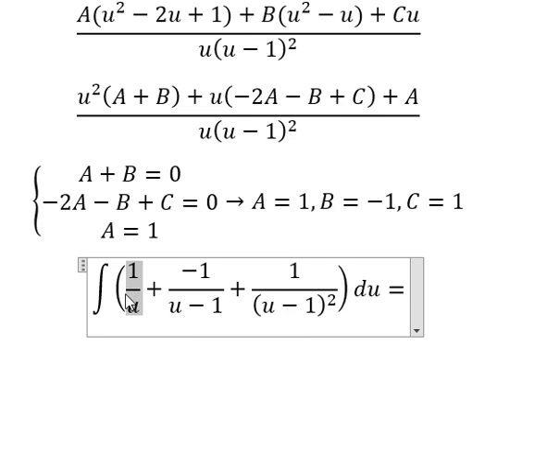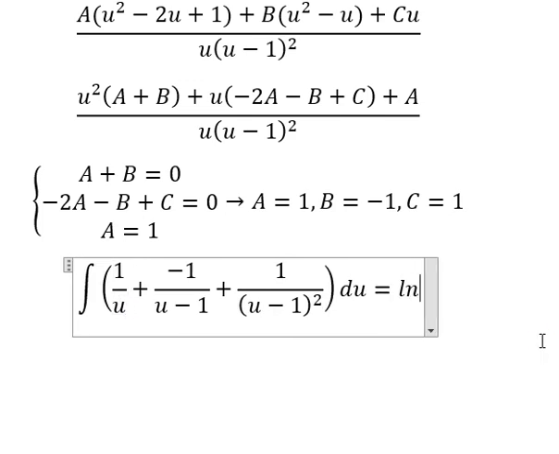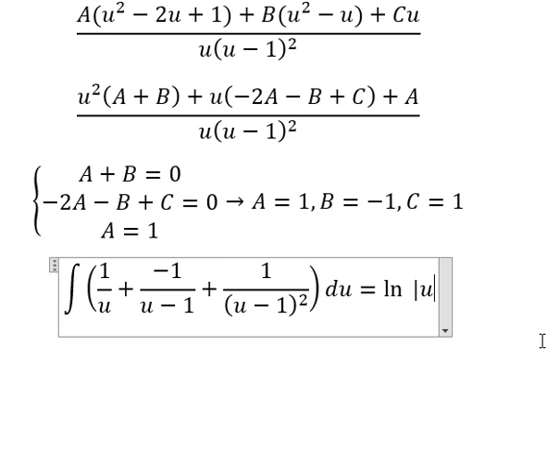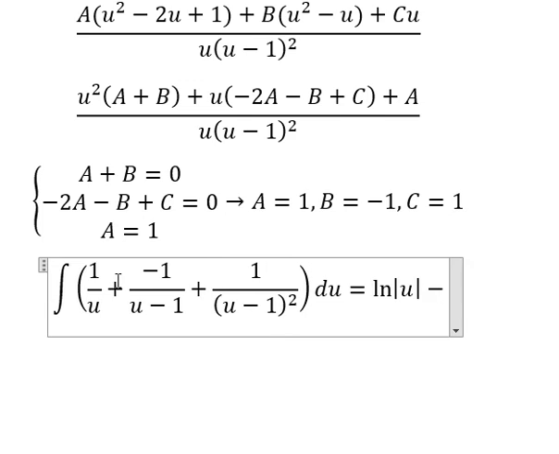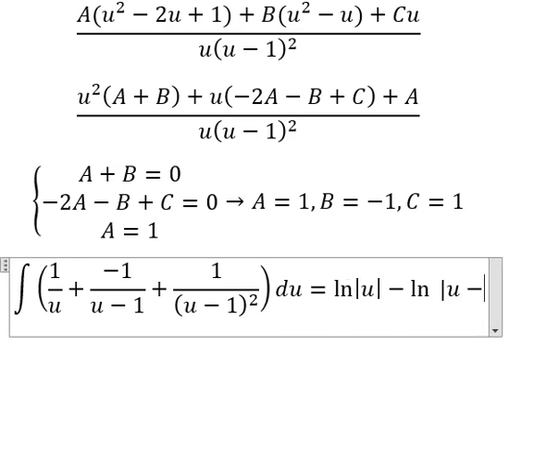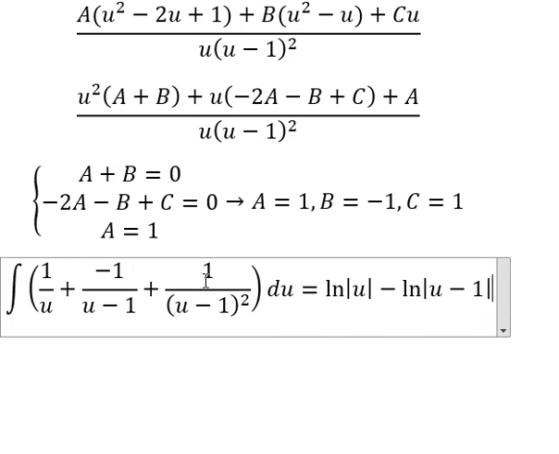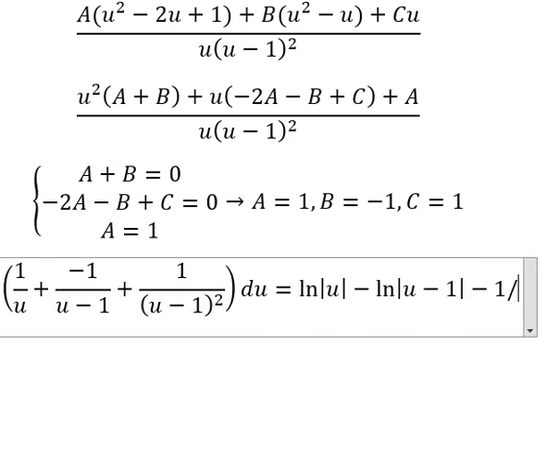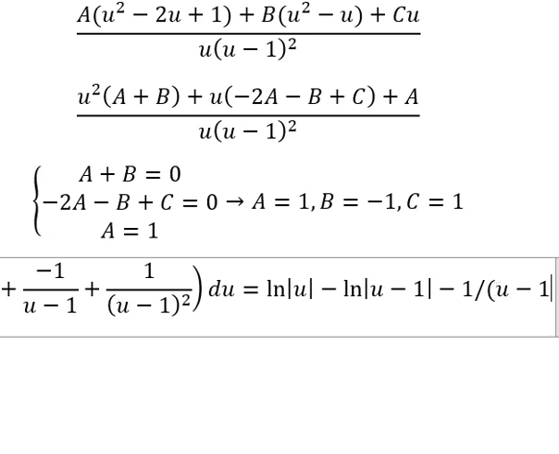The integration of 1 over u gives ln of the absolute value of u. The integration of this one gives ln of the absolute value of u minus 1. The integration of this one gives negative 1 over u minus 1.